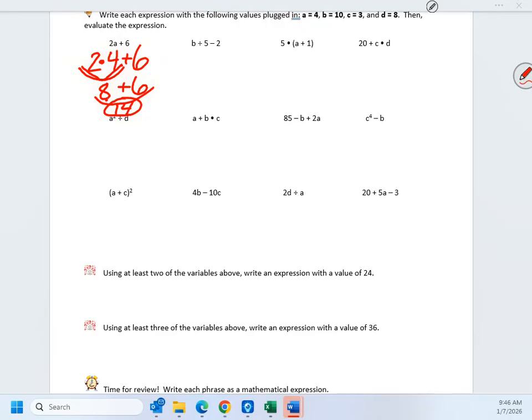This isn't huge, but I'm telling you, in the future, you're gonna have big, long expressions and equations. It will get confusing if we don't stay organized. So we want to get in the habit and the practice of being organized with our work now, because it will help us in the future. I guarantee it.